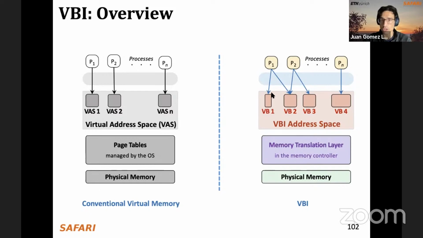These are the virtual blocks, which have a size and characteristics as defined by the processes and required by the users. And then we have a memory translation layer in the memory controller that performs many of the operations that still these days are done by the CPU, by the OS in software, and are extremely costly.